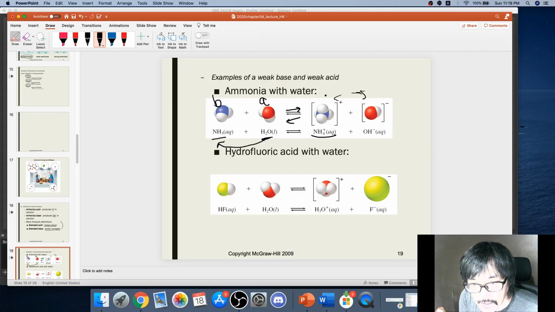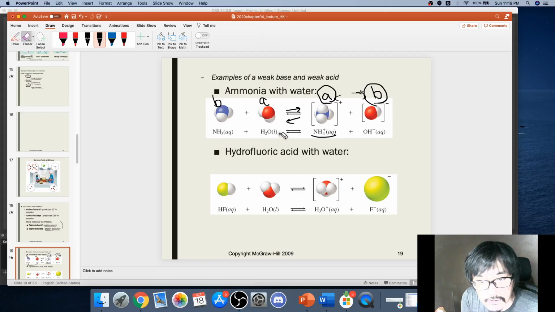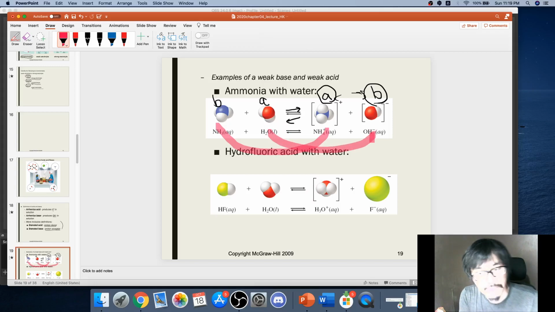So that one right there is an acid because it's giving off the H plus. And then OH minus is receiving the H plus, so that's going to be the base. And if I pair up these guys, that and that make a conjugate acid-base pair, and so does this one too.